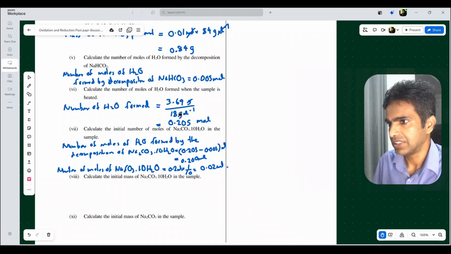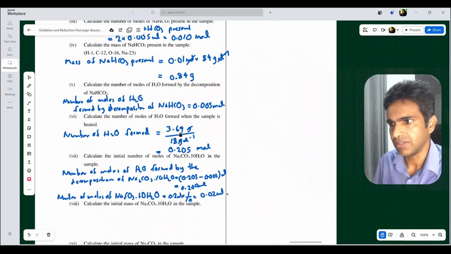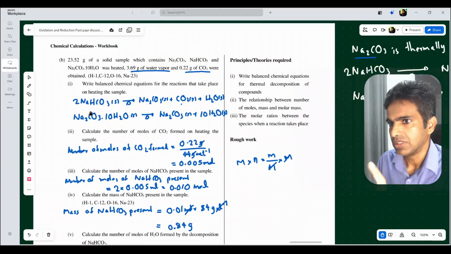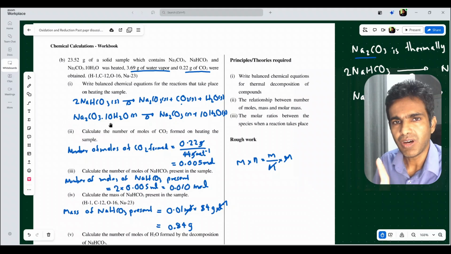I think the procedure is clear. This is the total number of water vapor formed during this thermal decomposition. There was a certain amount of water vapor formed by the thermal decomposition of sodium bicarbonate and a certain amount of water vapor formed by the thermal decomposition of hydrate of sodium carbonate.